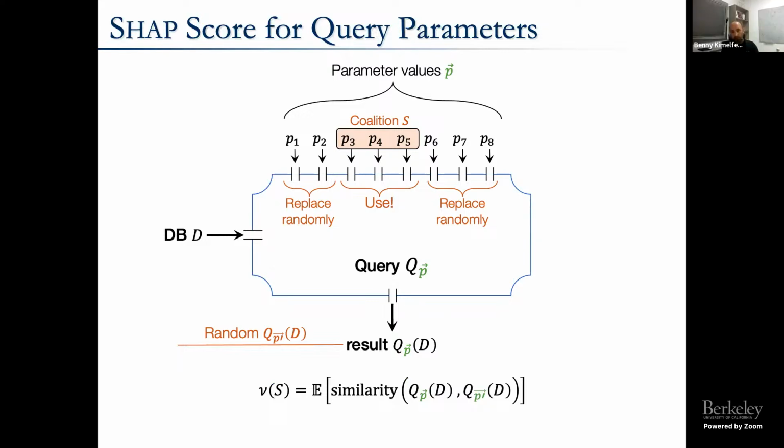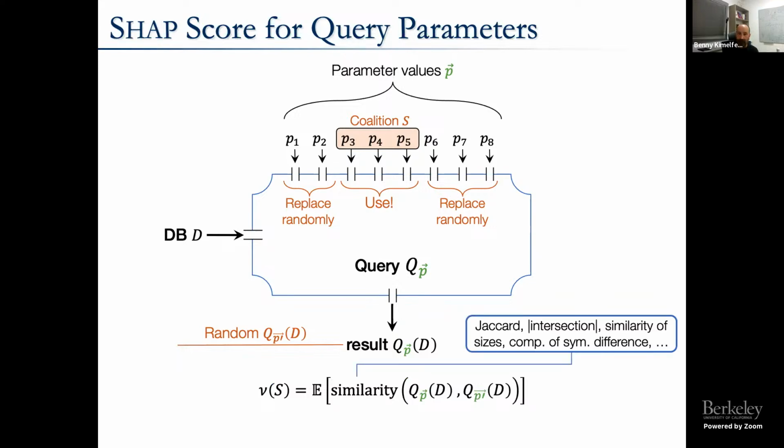So we use the similarity between the random result and the actual result in order to evaluate the utility of the coalition. We looked at several specific similarity measures and studied their complexity.